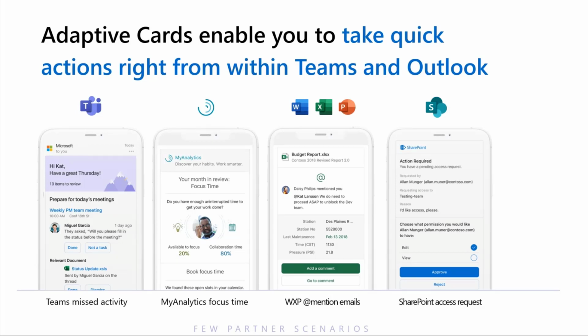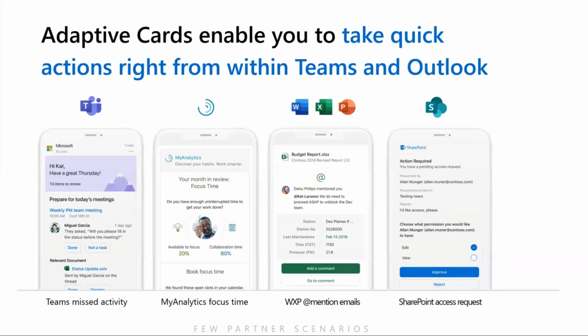Here are a few of our most popular scenarios. I'm sure every time you miss a chat message on Teams, you get reminded of that with an actionable email in Outlook. You can reply to those missed activities from within an email thanks to adaptive cards.